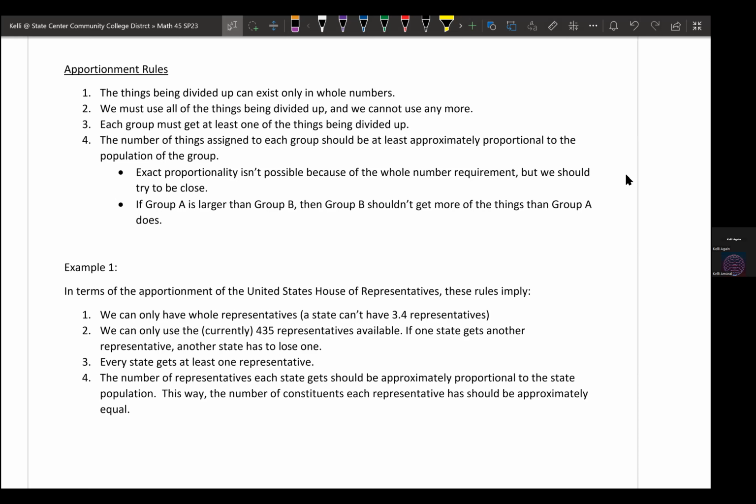If you had 10 things to apportion and 3 groups to apportion them to, you can't evenly divide them with whole numbers. You can't have 10 things divided by 3. It doesn't go in evenly. You have this decimal part. And what that also means is that if one group is larger than the other, then the larger group should get more representatives.